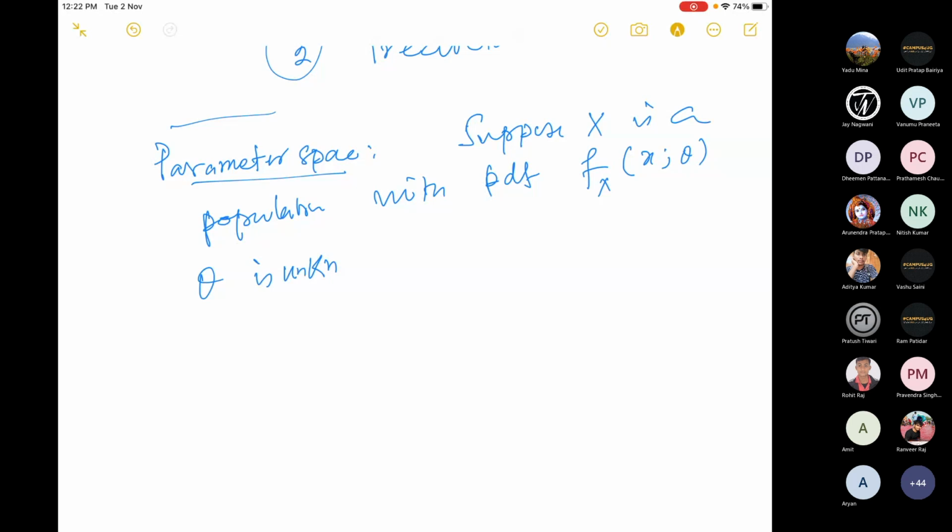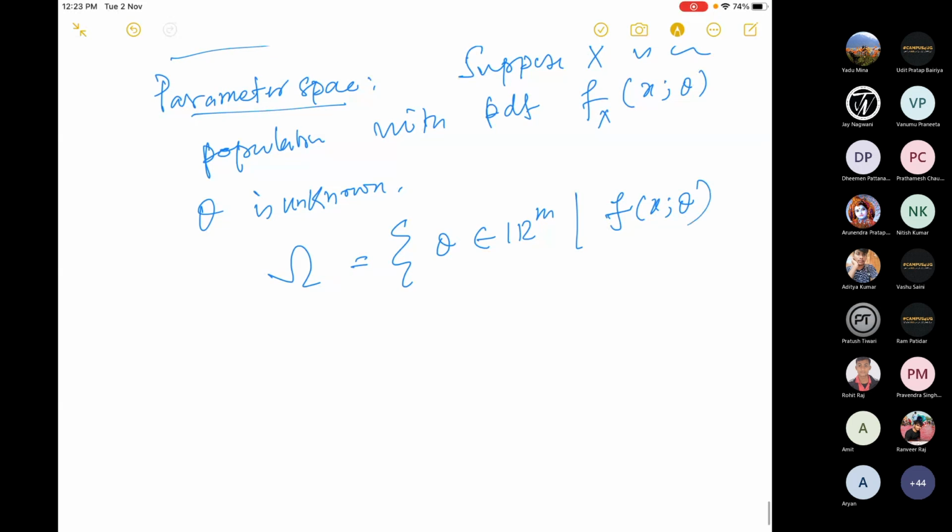Now the parameter space, I'll write this as omega. This is all those theta. Let's say there are m real parameters, such that f of x, theta is a PDF. So these are the admissible values of these parameters. That is what is called the parameter space.